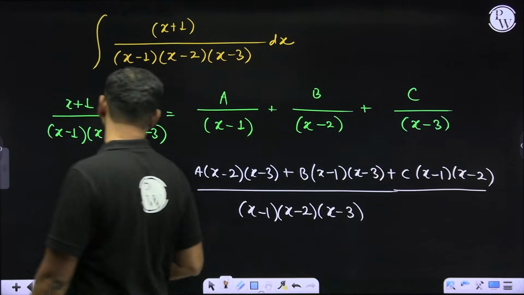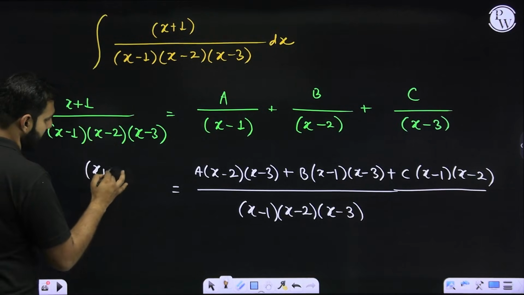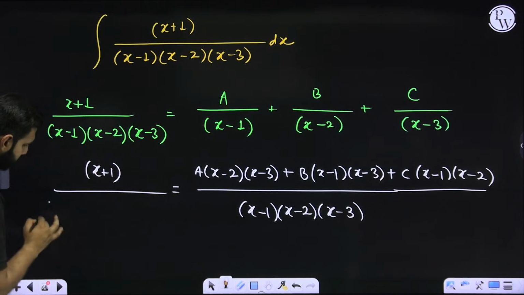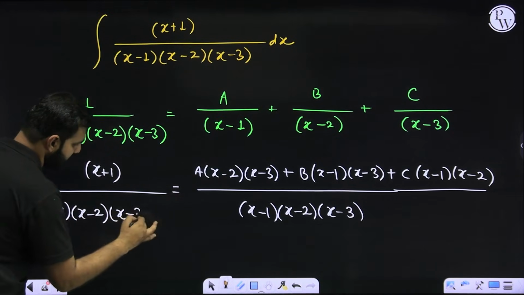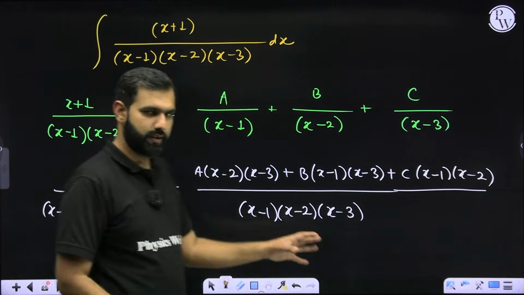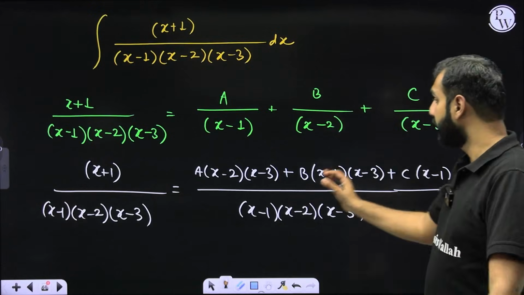This whole expression is equal to x plus 1 divided by x minus 1, x minus 2, x minus 3. Now I can cancel these two denominators and then compare the numerators.